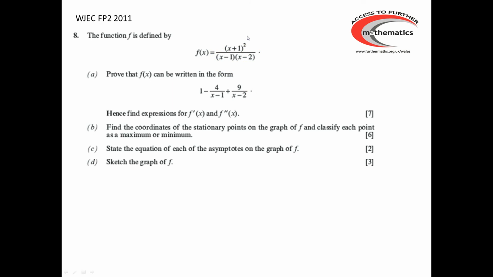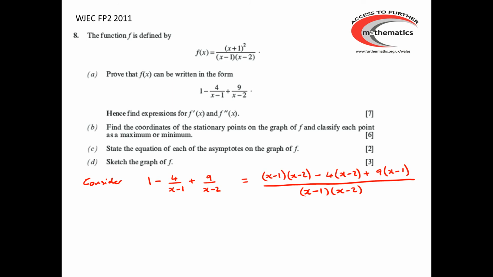f of x. So we have a 3-term expression with 3 terms being added and subtracted. 2 of the terms are fractions, so we'll certainly need to use a common denominator, which will be (x minus 1)(x minus 2).